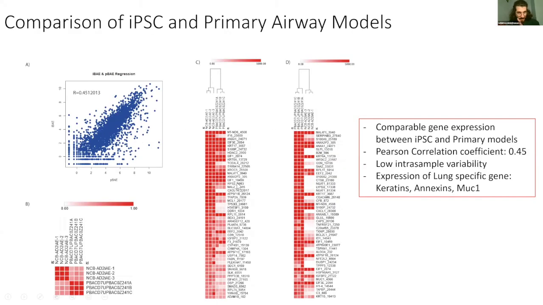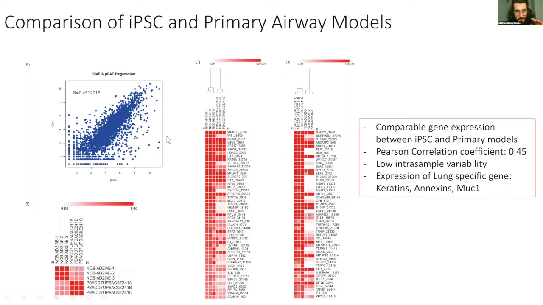But first, I compared the gene expression of the iPSC and the primary model together. And what we can see here is that the gene expression is very comparable. There's a line forming here with a Pearson correlation of 0.45, which is quite impressive. Moreover, in between samples, the variability is quite low, which is also quite nice.